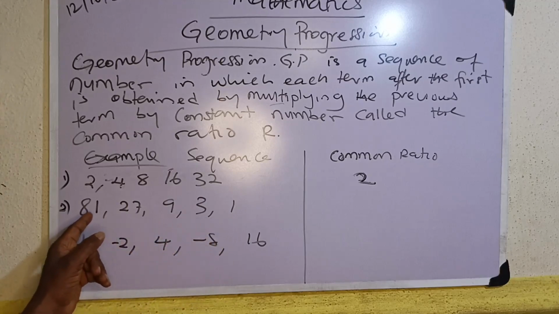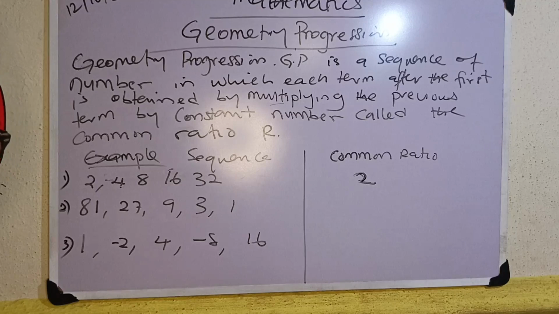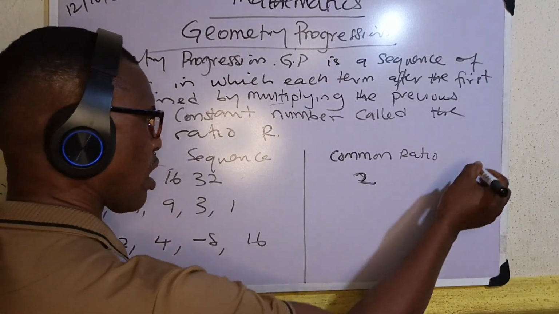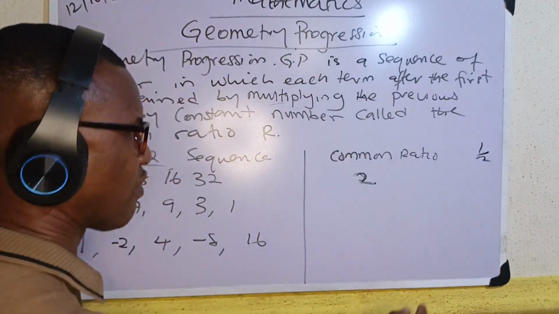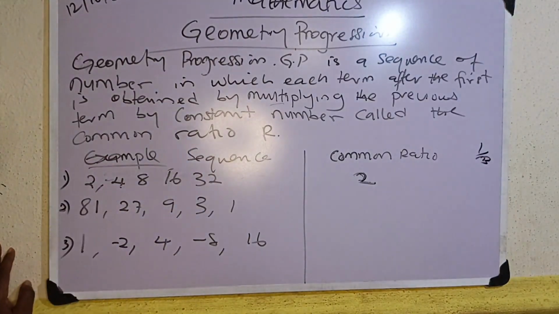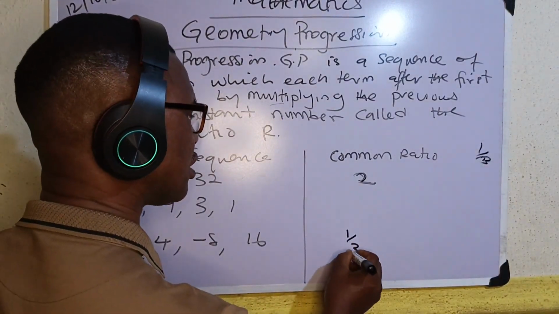Now, what is that number that when you multiply by 81, it will descend to 27? When you multiply, it's going to be 1 over 3. If you multiply 1 over 3 by 81, it will give you 27. So that's the number you can use, 1 over 3.